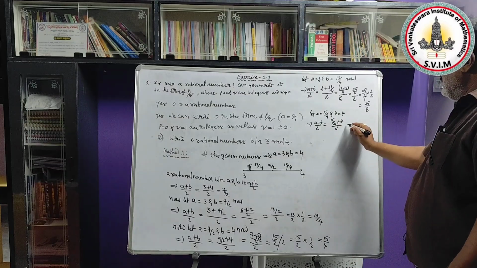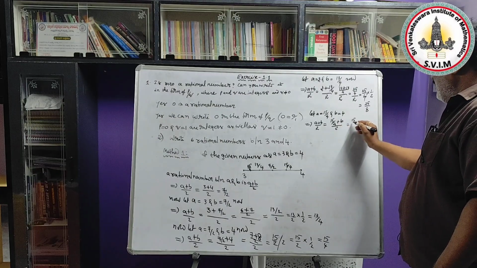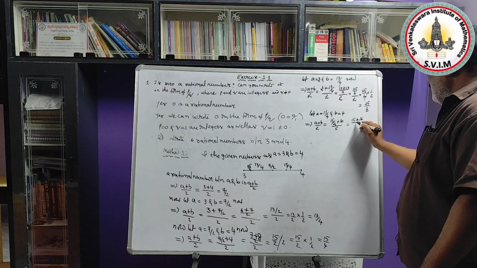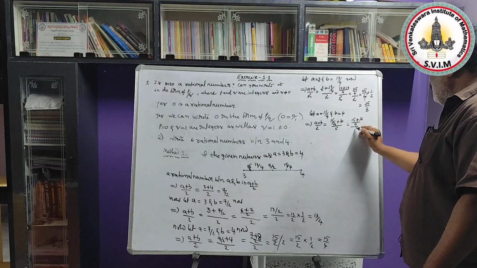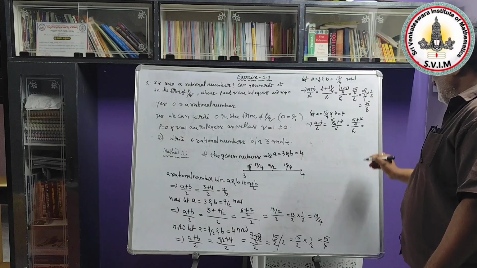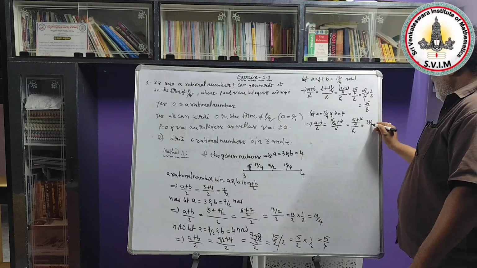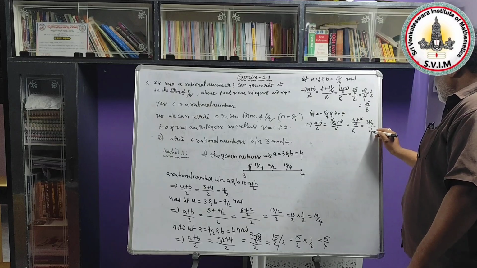Okay, that is equal to 15 plus 4 4s are 16 by 4, this by 2 you need to write as it is, that is equal to 15 plus 16 is nothing but 31 by 4 by 2.